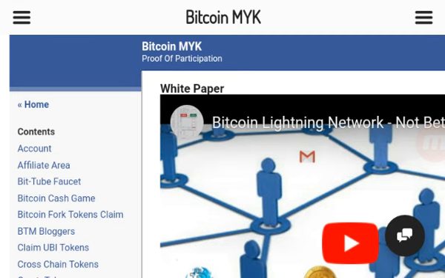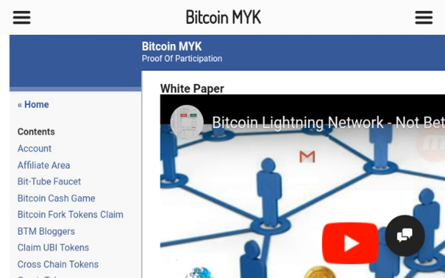Now, it is a Bitcoin fork as well, which means Bitcoin holders are going to be able to get their amount of Bitcoin in relation on a ratio of about 4-to-1 to Bitcoin NYK, right? So how does that allow the proof of participation model?